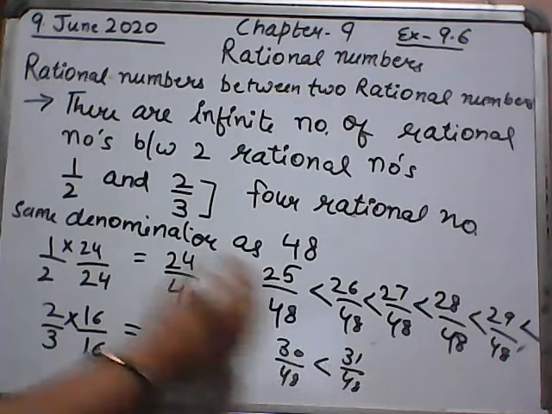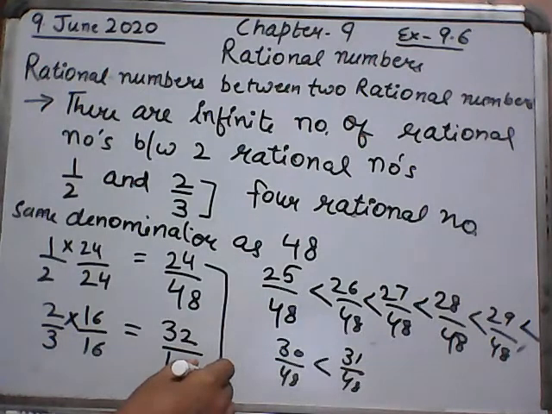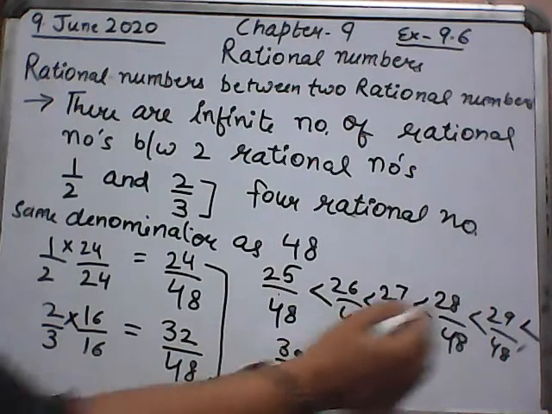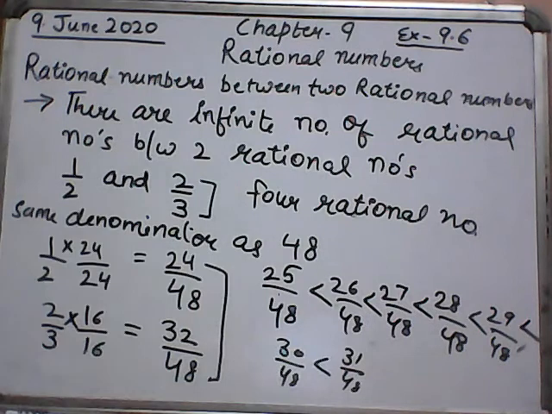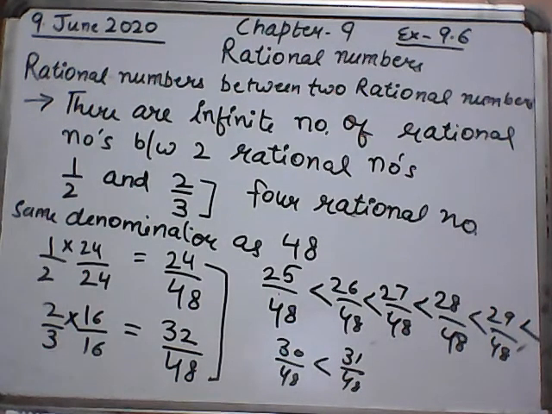Means in between these two rational numbers, 7 rational numbers lie. We have to find only 4 rational numbers. You can take any 4 rational numbers out of these 7.